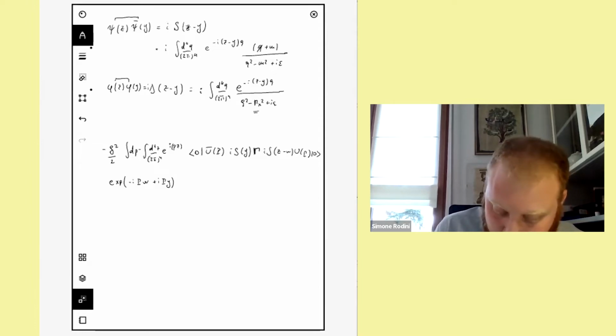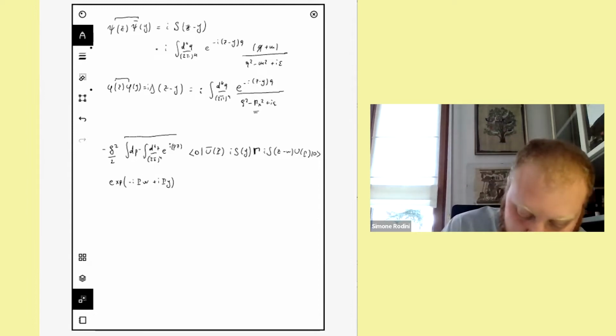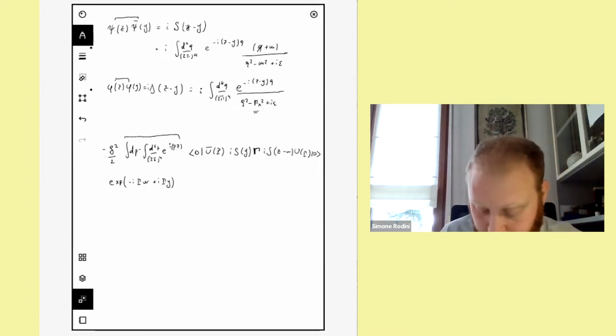A few remarks. Here I'm not writing the integral over y and w, so I will keep these integrals just for your convenience, but remember that these are integrated over y and w.